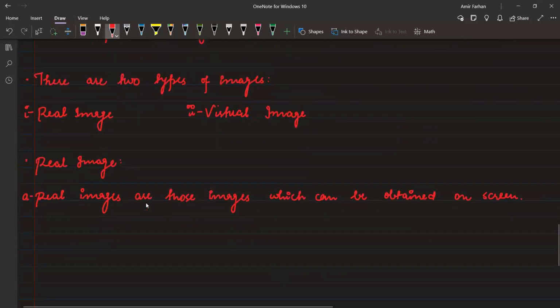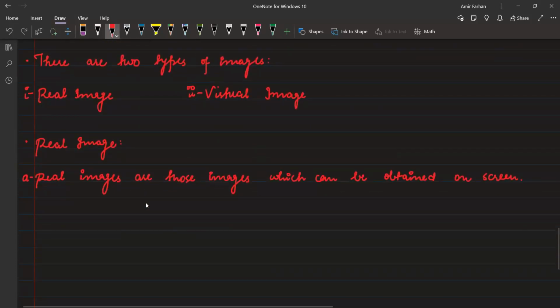So real images are those images which can be obtained on a screen. You must have seen in the cinema, on the projector, that images are formed on the screen if you project a video or image, yes or no? So if you project an image on a wide screen, what kind of image is formed on the screen?